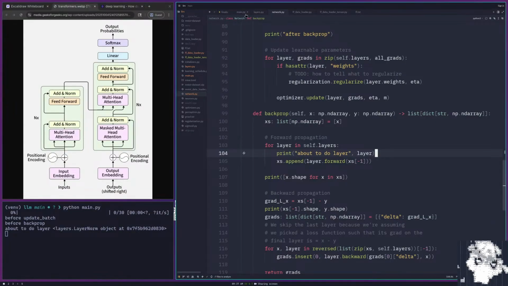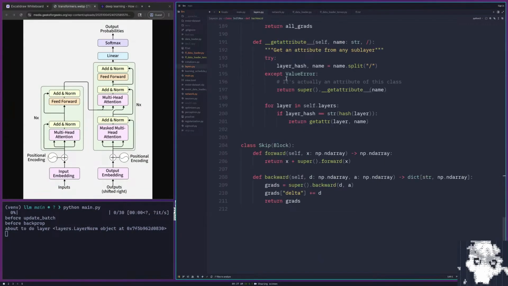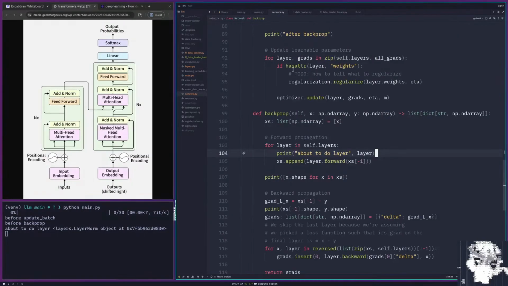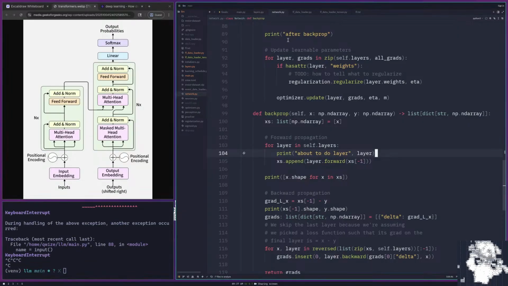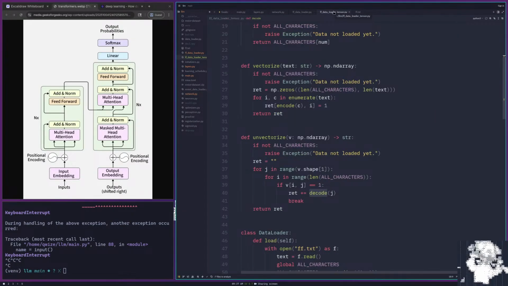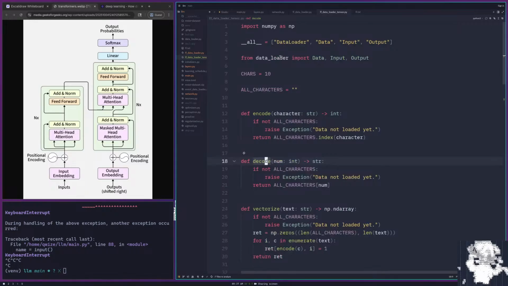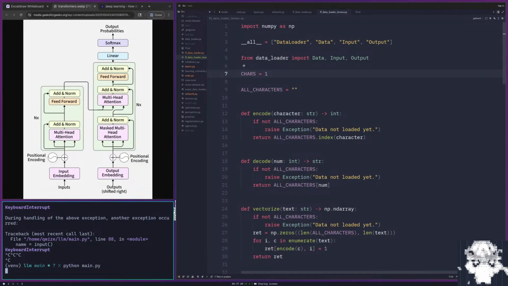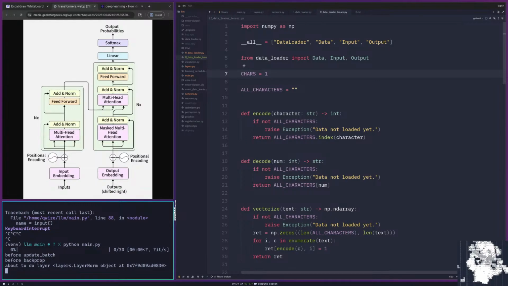Here's what I'm curious about. One of the many things. So let's stop that. I'm curious, if one of the tensors were 1, shouldn't this work the same as before? So if we're doing one character, we're getting stuck in the layer norm still.